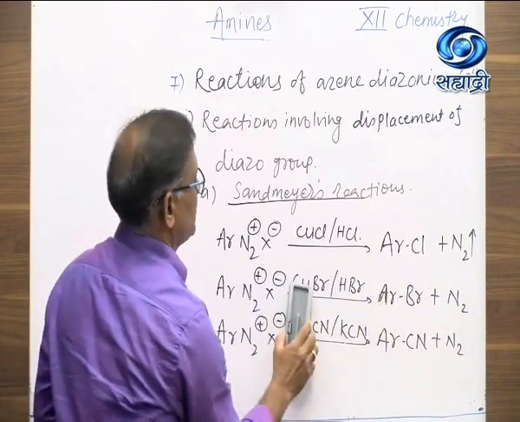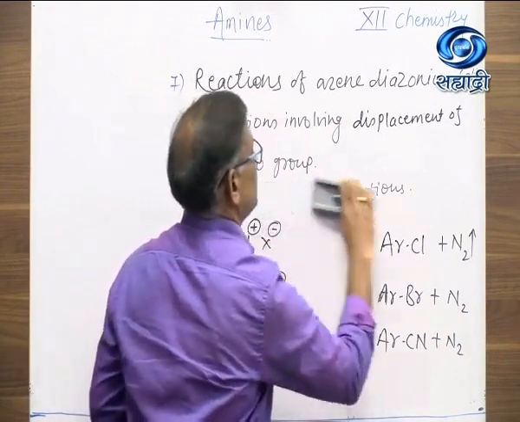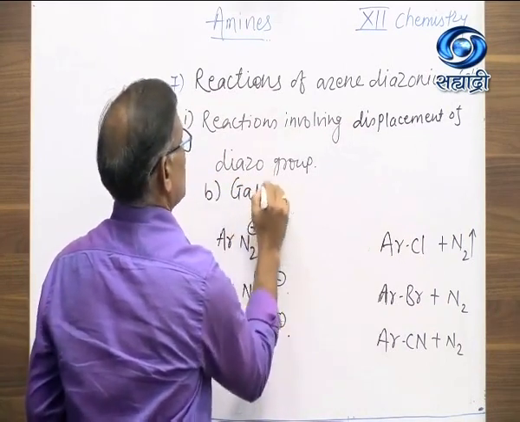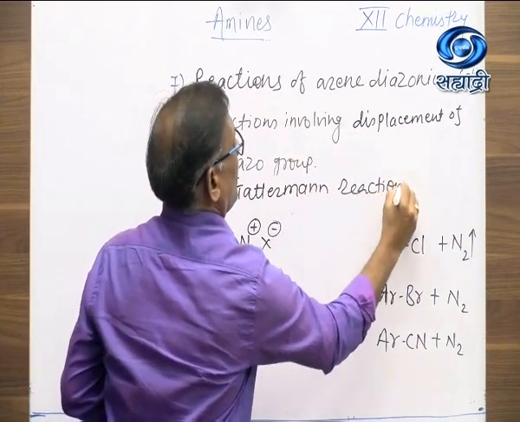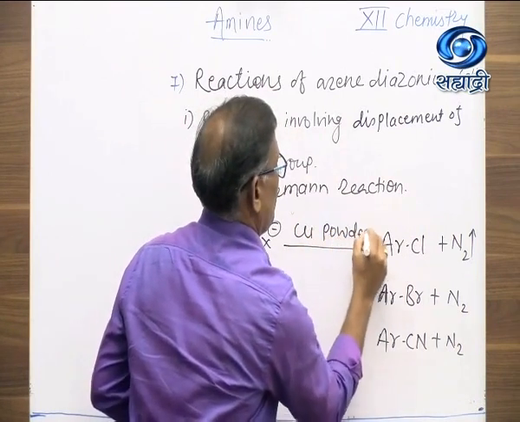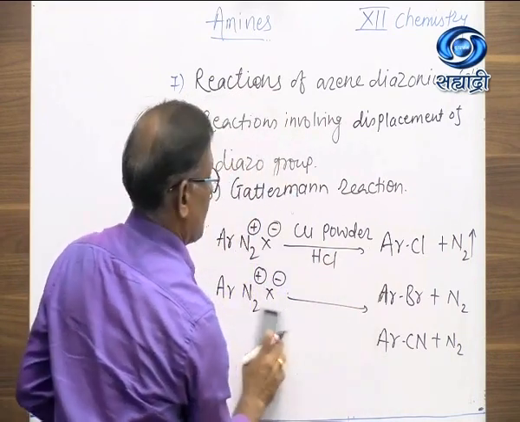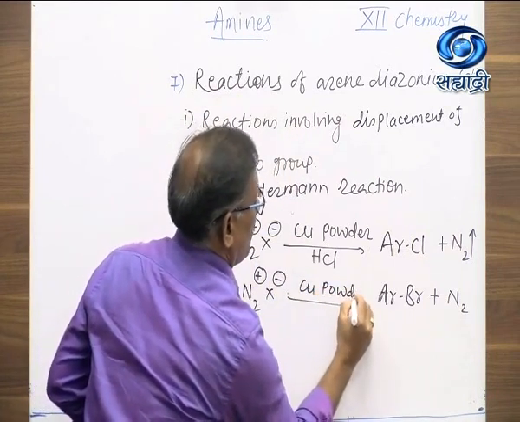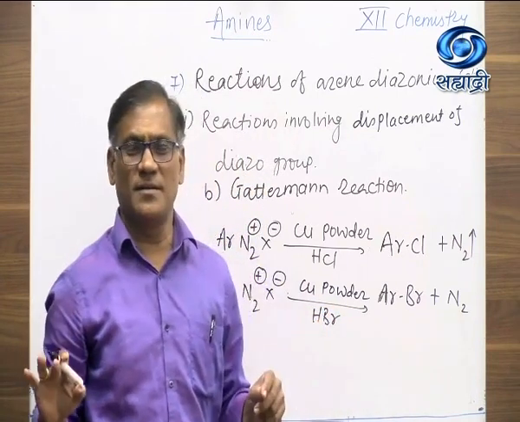Now when the same reaction is carried out with different reagents, then that reaction is called as Gattermann reaction. So Gattermann reaction is carried out with copper powder and HCl, copper powder and HBr, same reaction, but the name is different.